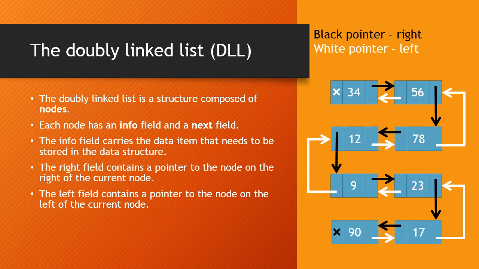What I have done so far is I have followed the black pointers. I call these pointers the right pointers. Now I am going to follow the white pointers and I call them the left pointers.